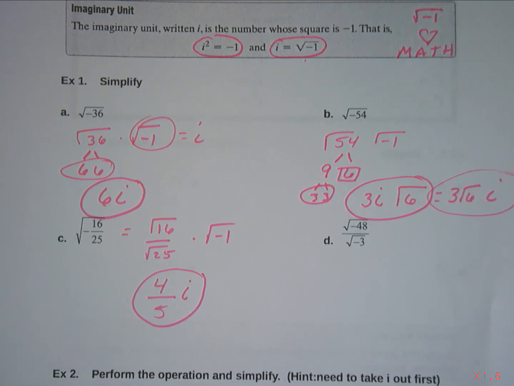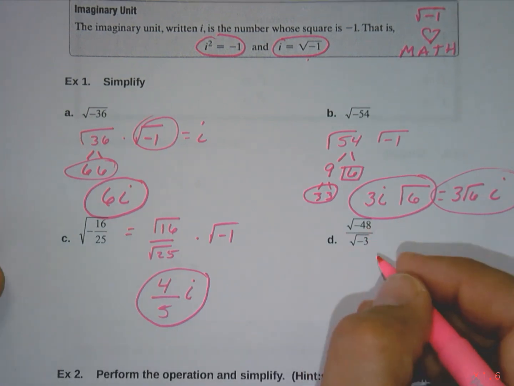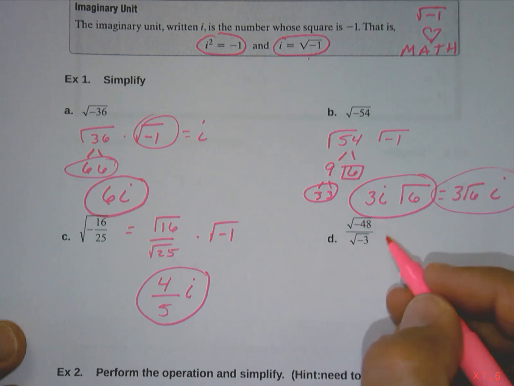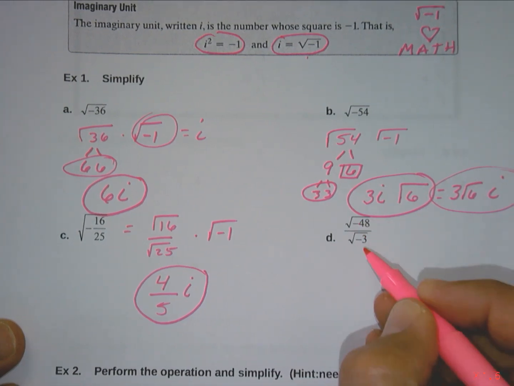All right, so when I take a look at the next one, I've got the square root of -48 over the square root of -3. So one thing I can do is break these down individually. Or I can look to reduce. The thing is, the one on top has an I in it, and the one on the bottom has an I in it.